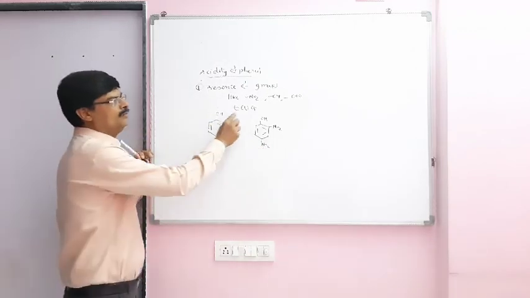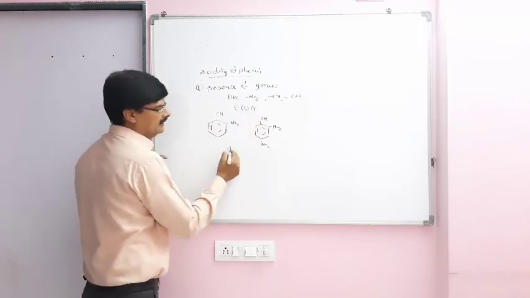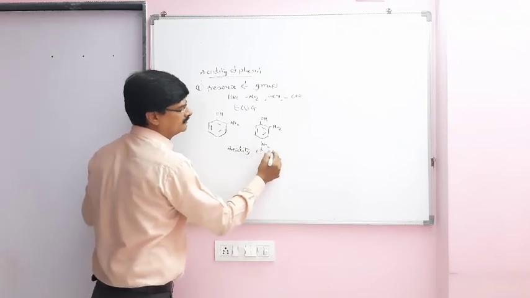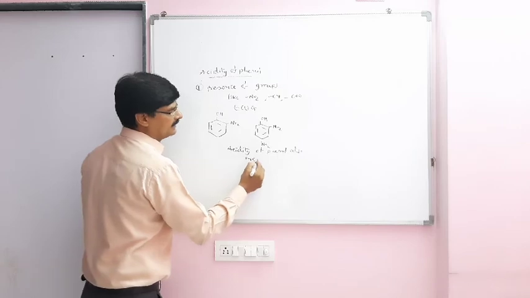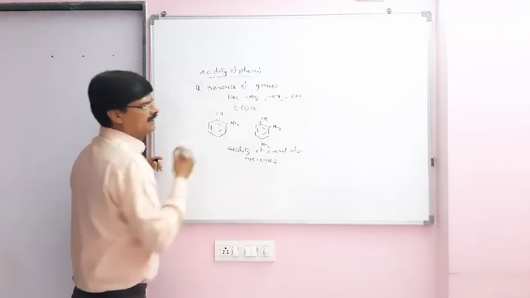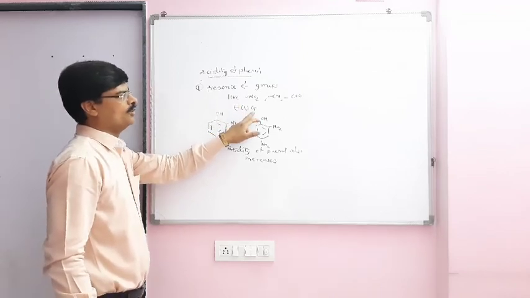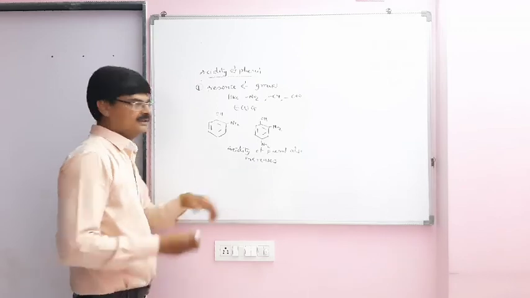As the number of electron withdrawing groups increases, the acidity of phenol also increases. Remember this point. As electron withdrawing groups increase, acidity of phenol also increases.